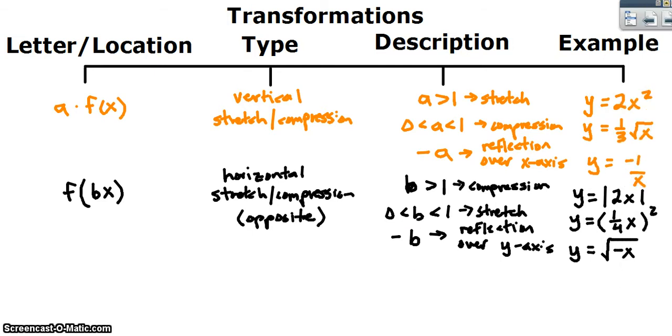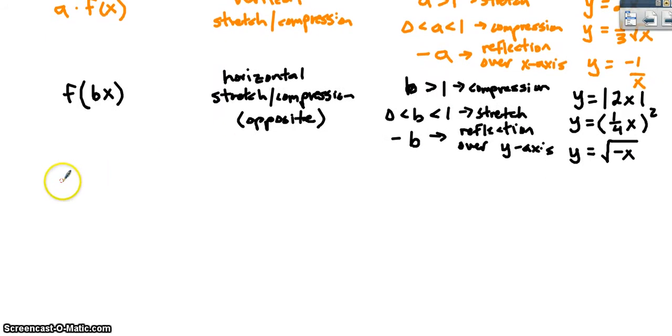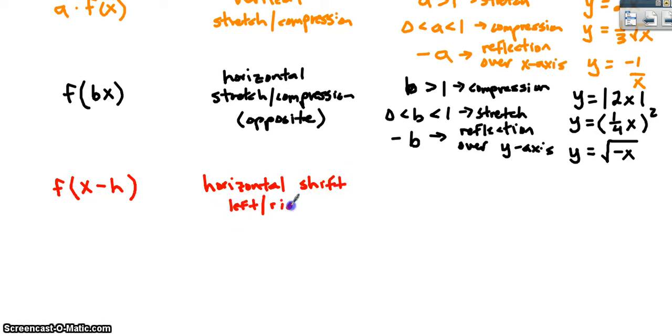Third one is h, f of x minus h. This is your horizontal shift. So that's left or right. And again, this one, like the last one, is also opposite. So if you get a plus h inside the parentheses, that's actually going to move you left h number of units.